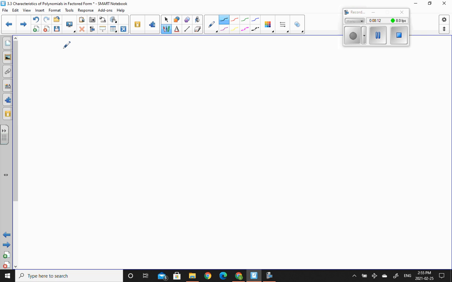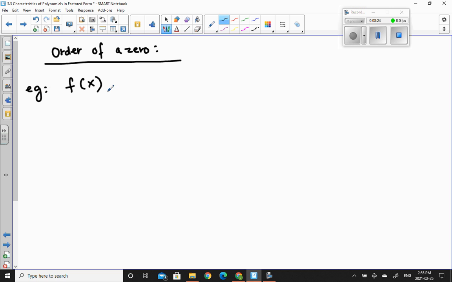Now, we have to know what is meant by the order of a 0. So if I give you a function like this, here's an example, f of x equals x plus 2 squared times x minus 1. You can tell that if you expanded this, you would get x squared here, and you would get x here.